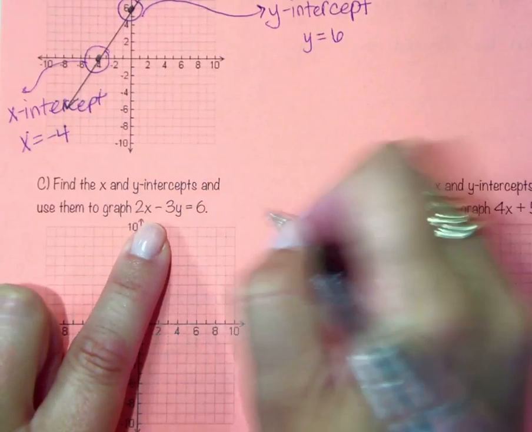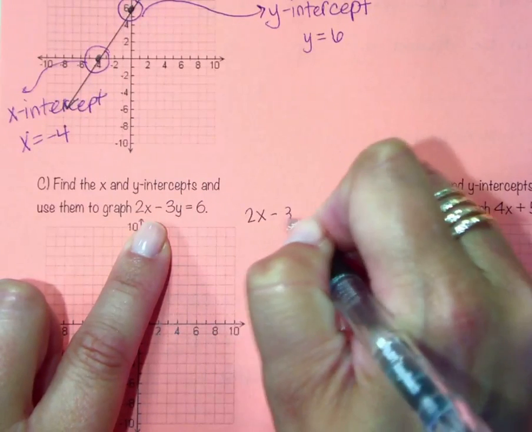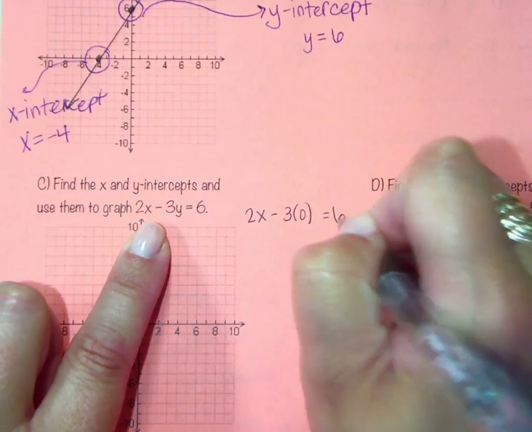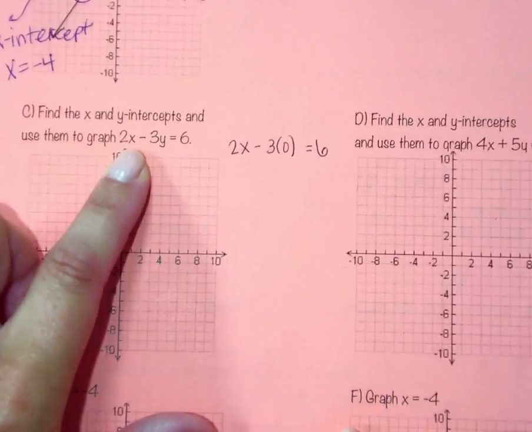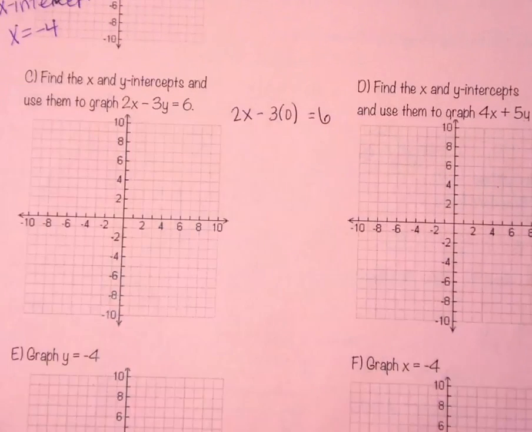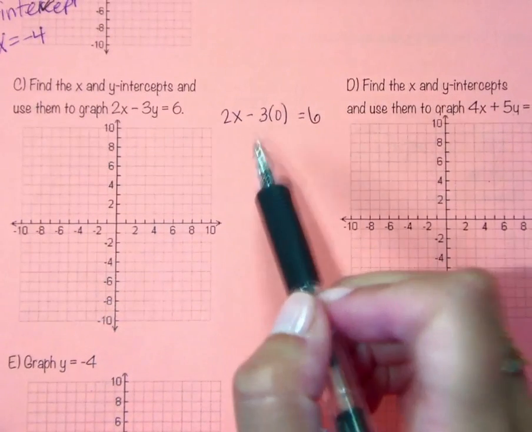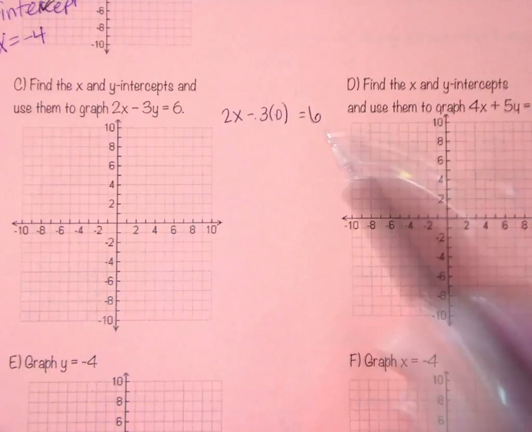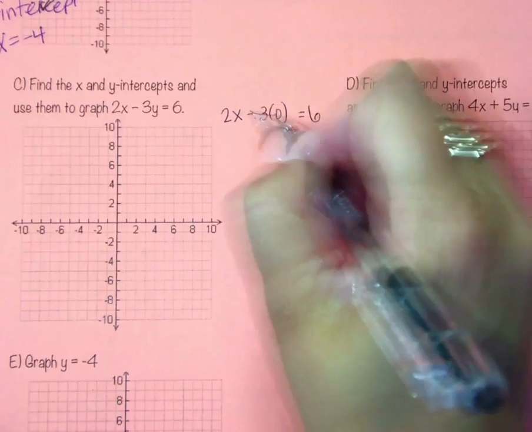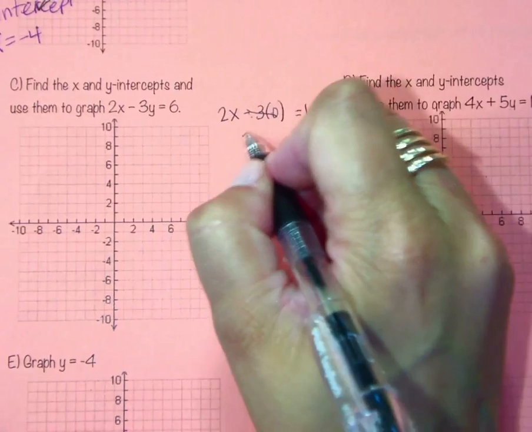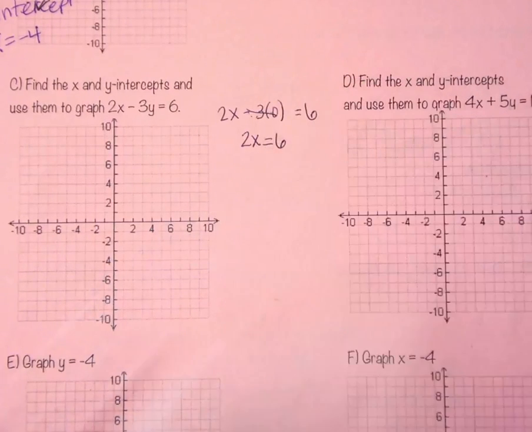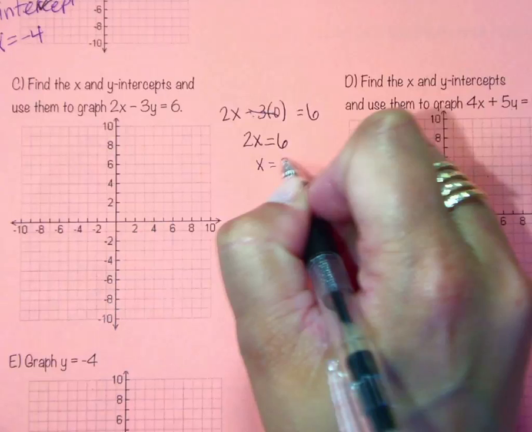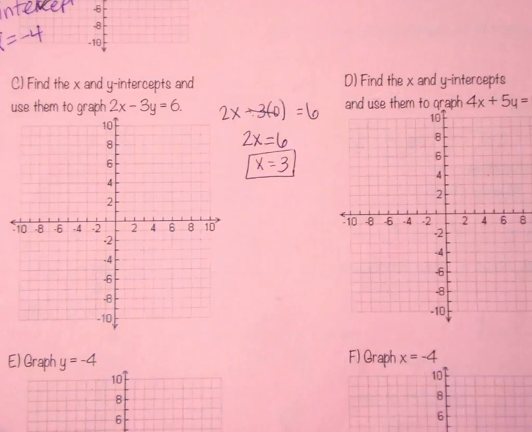So what we are going to do to find the x-intercept is plug in 0 for y. And what that essentially does, what's anything times 0? 0. That whole term basically cancels out. So I'm left with just 2x equals 6. And then that's a tiny little one-step equation that we can solve to get our x-intercept.